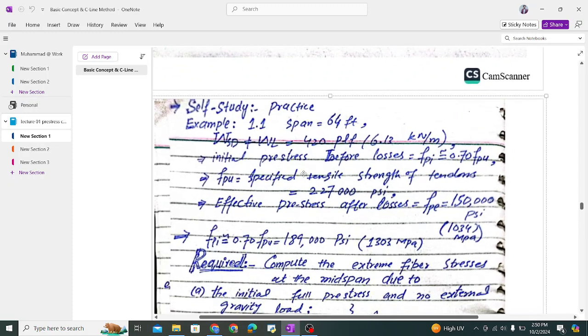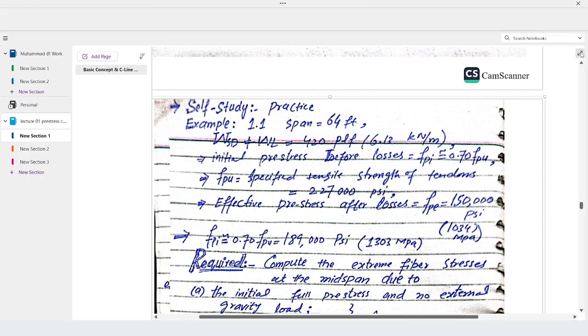Here in the solution, we first write the given data: WST plus WL, and the initial pre-stress before losses. FPI is the representation for initial pre-stress, and it is equal to 0.70 FPU.